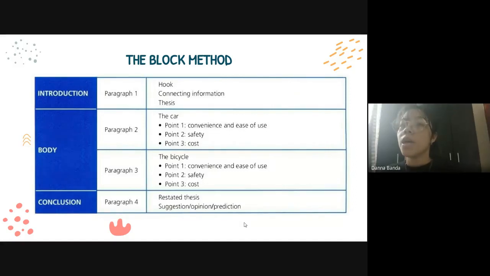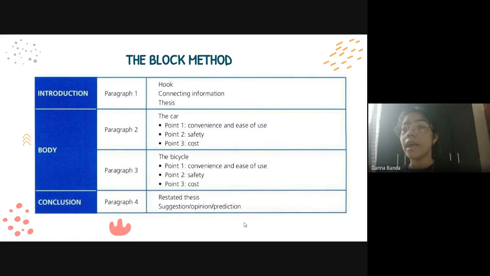Then the second paragraph is the first body paragraph. We talk about the first subject, that in this case is the car, and we list some points, 3 points in this case: the convenience and ease of use, the safety, and the cost, right?